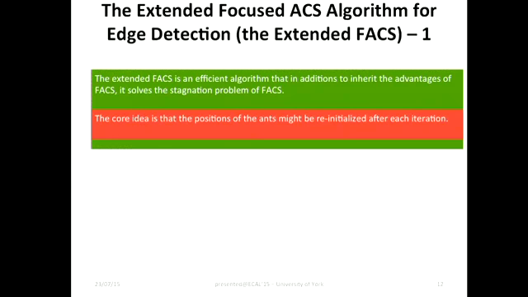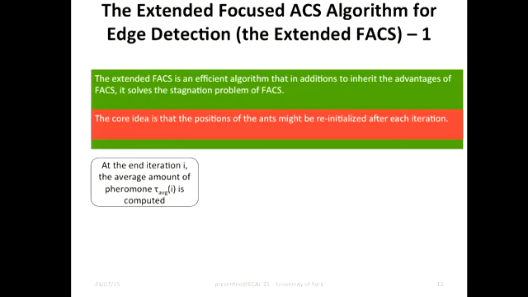And for this, we introduce our second algorithm, the extended FACS, which inherits the same advantages as FACS. However, the core idea is that some of the ends are allowed to be reinitialized over iterations. How the reinitialization works: at the end of each iteration we compute the average amount of pheromone deposited on our image.